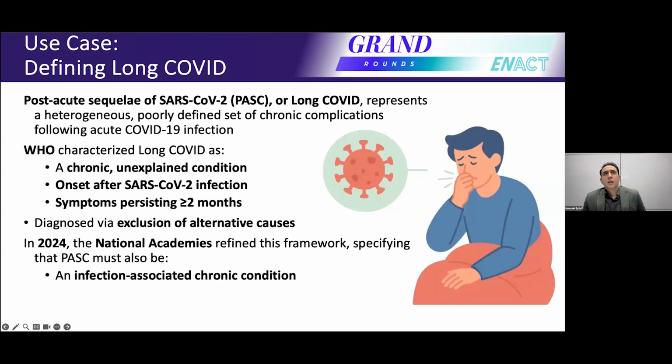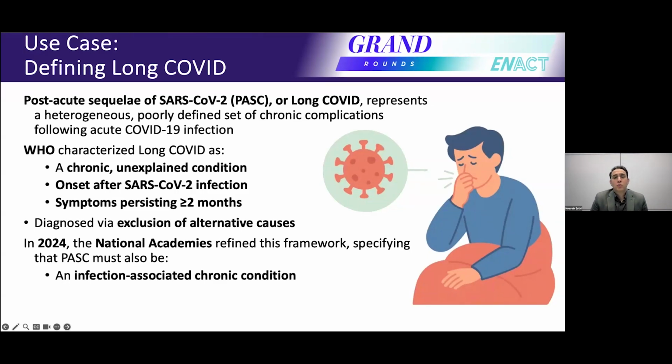Okay. So I want to describe this use case on long COVID. Let's talk about long COVID. Long COVID is really one of the most challenging conditions to define in modern medicine. Within the ENACT network, we've worked to implement a computable definition for long COVID, also known as PASC.